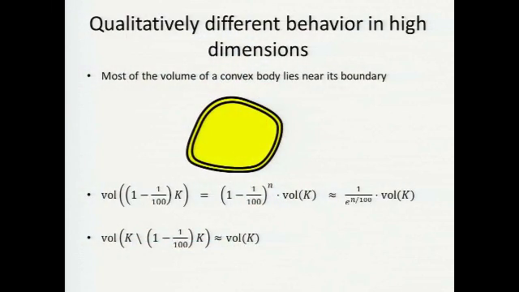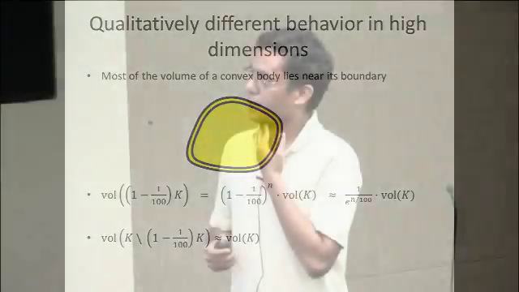If you double the size of a body in the plane, you increase every dimension by 2. Then the volume, or the area in 2 dimensions, multiplies by a factor of 4. In n dimensions, it multiplies by a factor of 2 to the n.